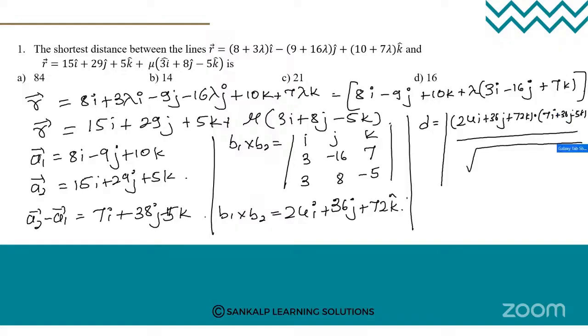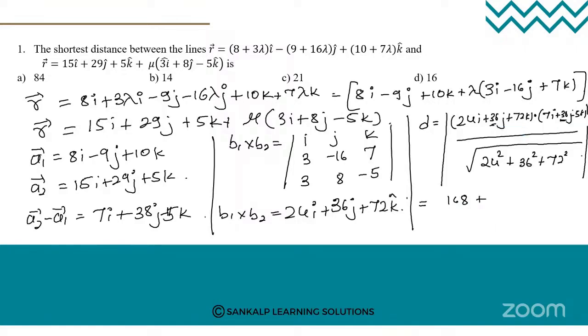So this is 24 square, 36 square, 72 square. Okay, so this is little time consuming. So this is 24 into 7, 168. What was this? Was it 38? 36 into 38.